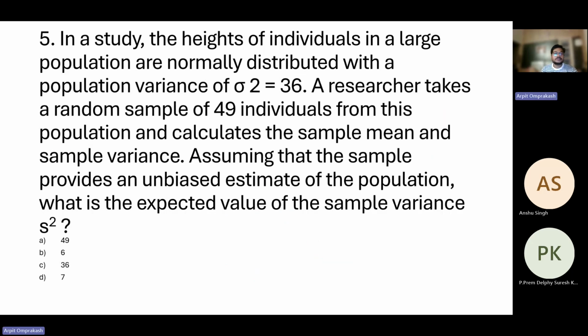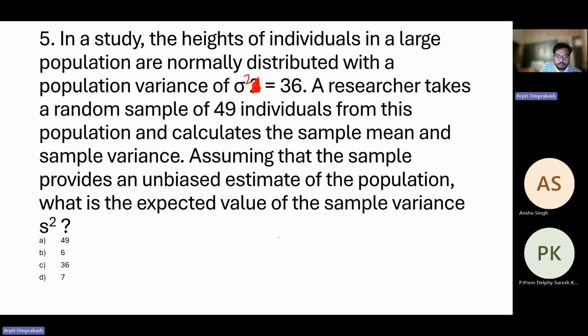The next question is, in a study, the heights of individuals in a large population are normally distributed with a population variance of 36. So this will be sigma square. A researcher takes a random sample of 49 individuals from this population.